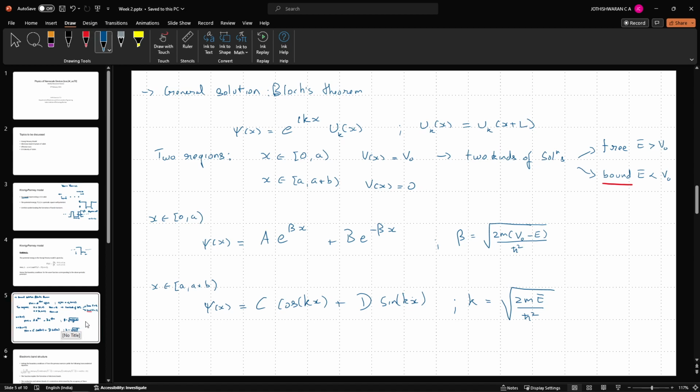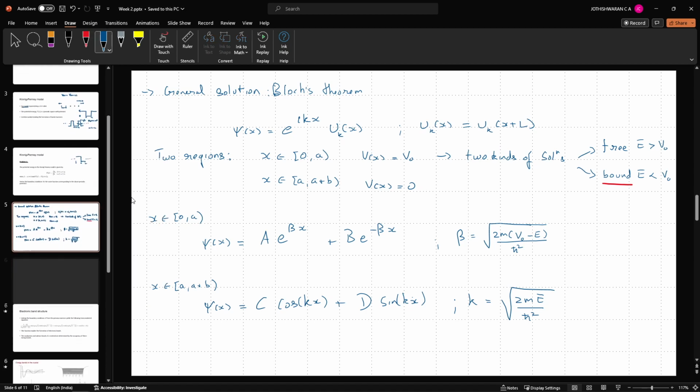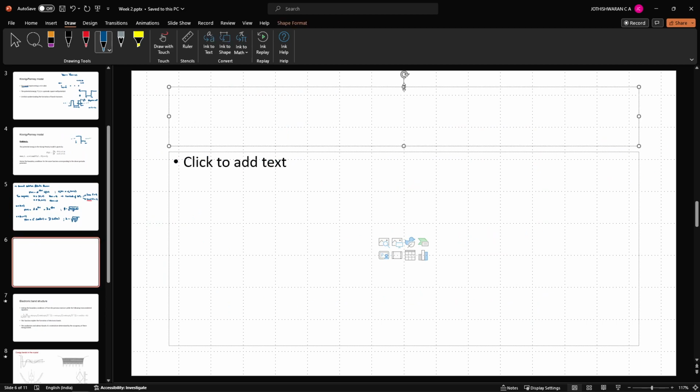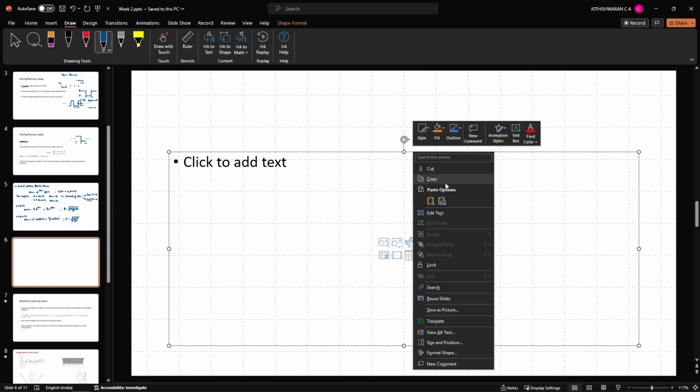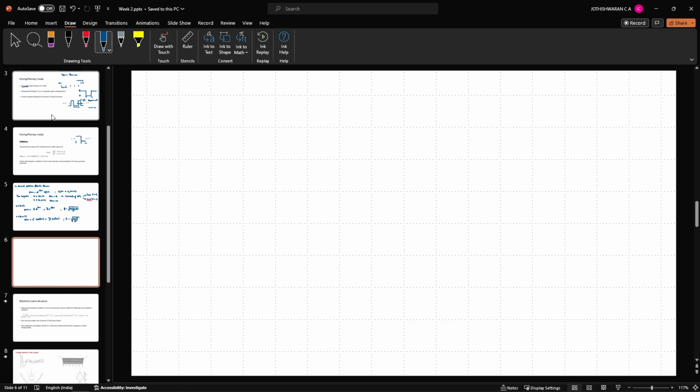So now that this is known, we have to make sure that two conditions are satisfied. The two conditions are: psi of x must be continuous, and d psi of x by dx, since this is a 1D problem, we don't have to take partial derivatives, is also continuous.